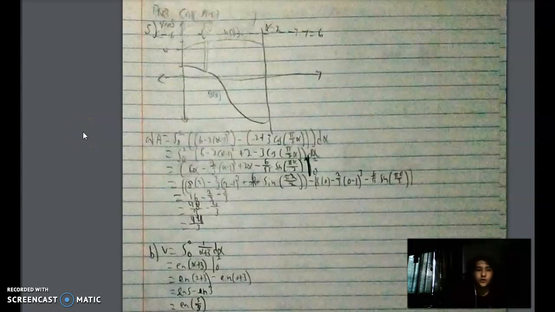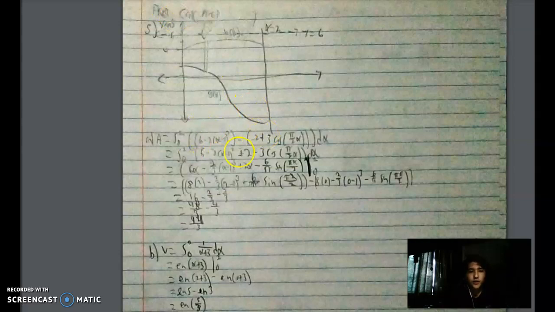So I'm just going to do h of x minus g of x to get my slice, and then times dx, the width of the slice, and then the integral to get the sum from 0 to 2. So I plug that in: 6 minus 2, x minus 1 squared, and then g of x, which we are told in the problem.